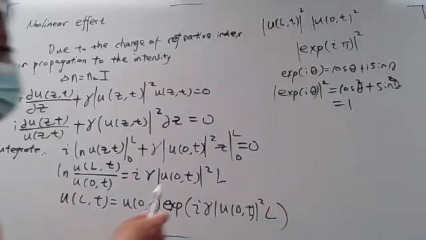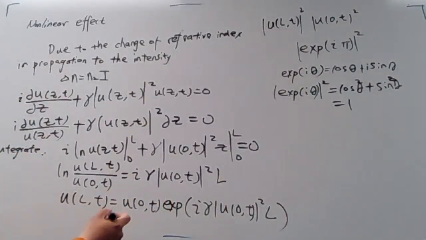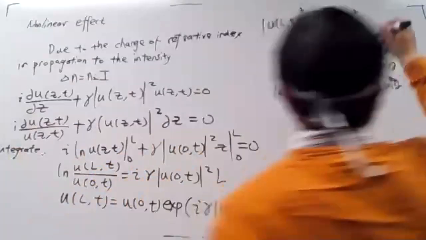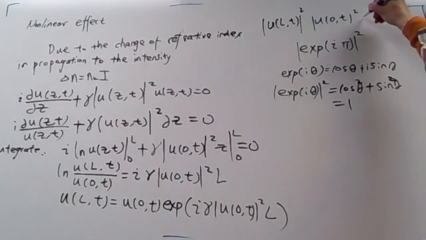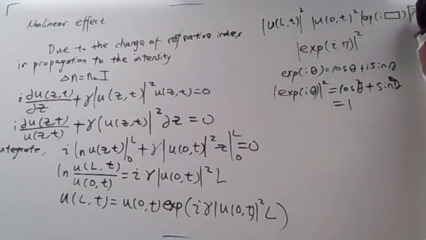If we take the absolute value on both the left and right hand side, then I need to multiply by this exponential, this whole big chunk, absolute value squared. Can you all see it? Yeah, okay, great.